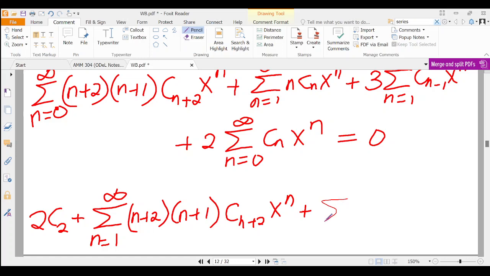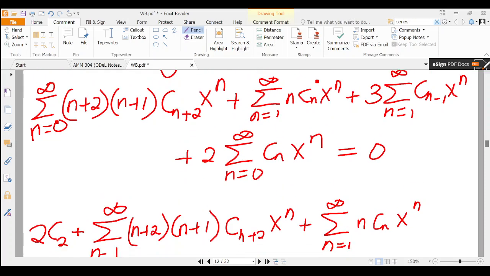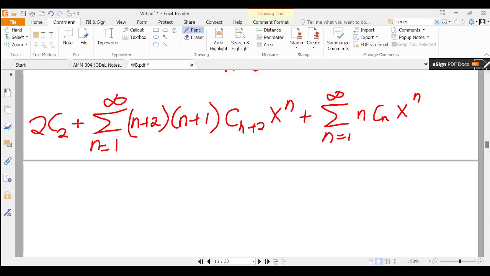The second term we have the sum from n is 1 to infinity, n c_n x raised to power n. In the third term we have 3 times the sum from n is 1 to infinity, c_{n-1} x raised to power n.